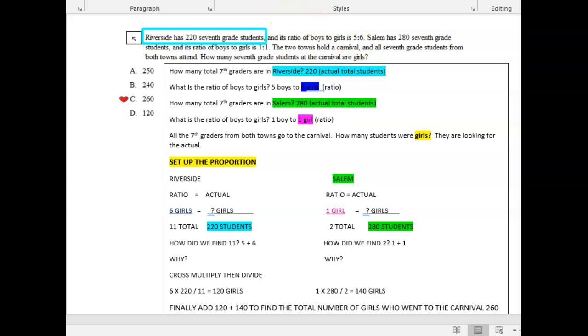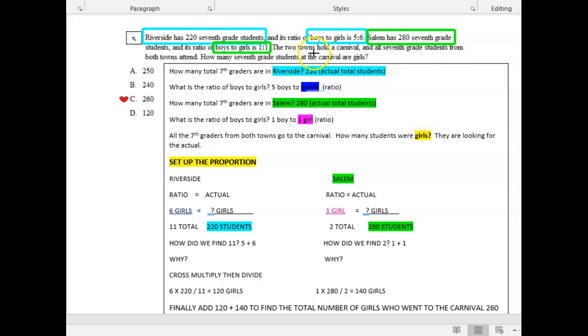That's very important for us to know. Salem, and we'll go ahead and use green for Salem, has 280 7th grade students, and the ratio of boys to girls is 1 to 1.